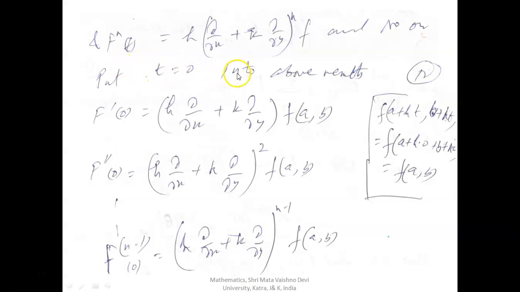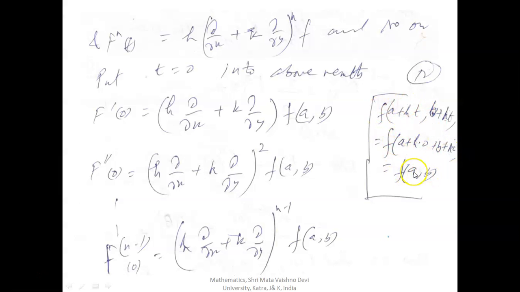So putting t equal to 0 into the above results, F'(0) is this. Okay, because it was a + th, t is 0, then it is simply remaining as a, and again b + kt, and if you put in t equal to 0, I get this.